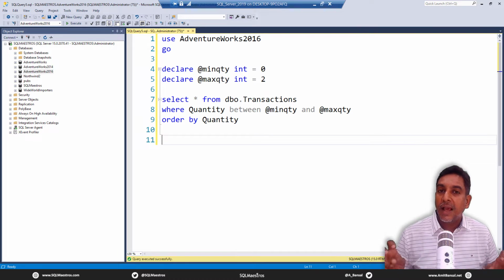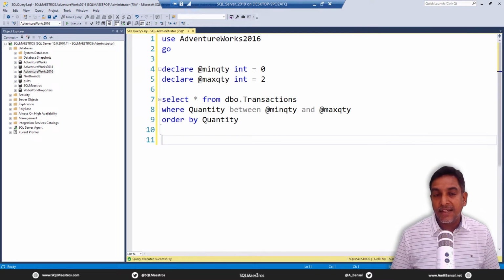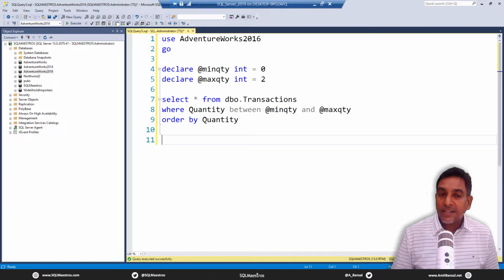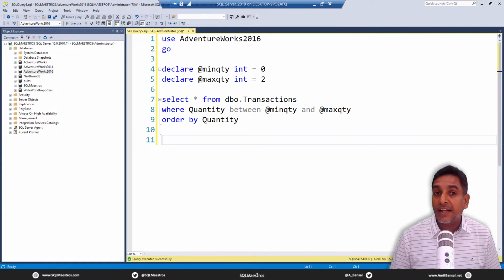So what internally happens with the optimizer is, when you ask SQL Server to sort, it estimates the amount of data that needs to be sorted, the data set in terms of number of rows, and then it estimates the total data size. Based on that, it will try to reserve memory.